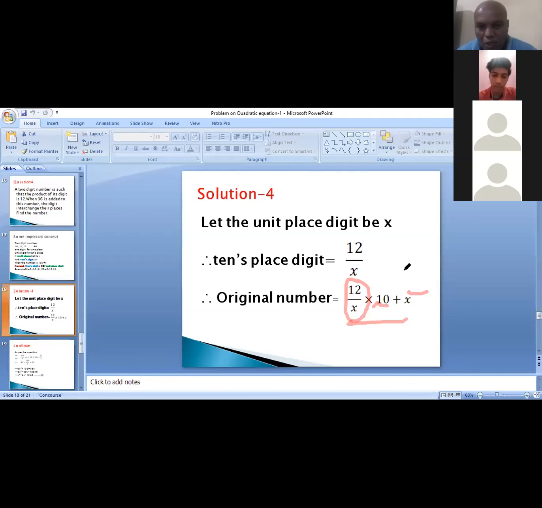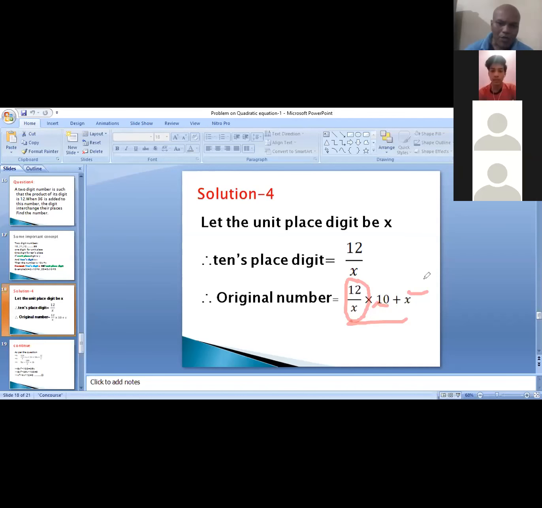So you have to convert it into a single variable. That's why it is better to write it like this. You can use x and y, but in the end you have to convert to a single variable, because the equation is ax square plus bx plus c.